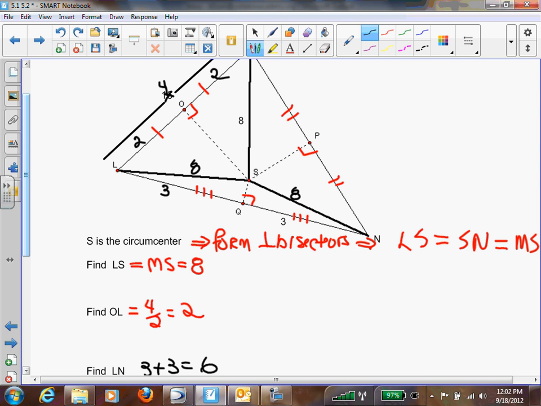I'm telling you, you can find SQ, and you're going to have to use some old information. No, the height of the triangle would go from a vertex to the other side, forming a right angle. But this length doesn't go continually down to form a right angle. Okay? Claire?